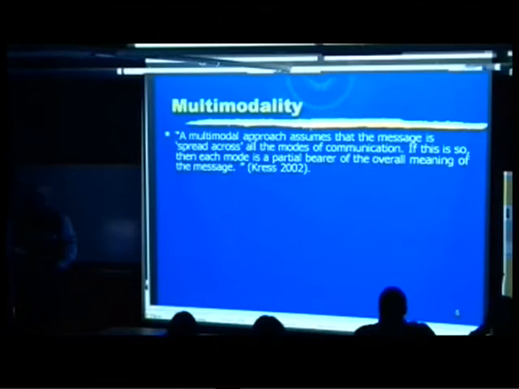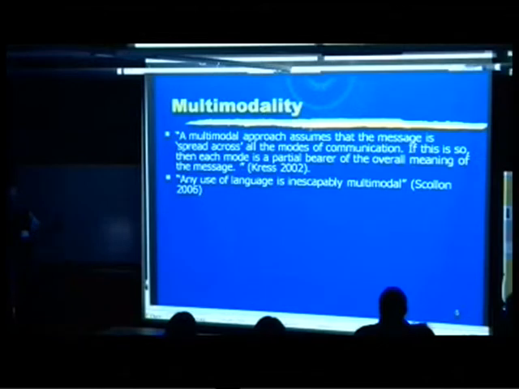There is also this somewhat aphoristic saying by Skolan, who said that any use of language is inescapably multimodal. Another author, Aum, said that communication is, of course, inherently multimodal, with the speech content being modified by prosody and delivered in parallel with facial expression and so forth.